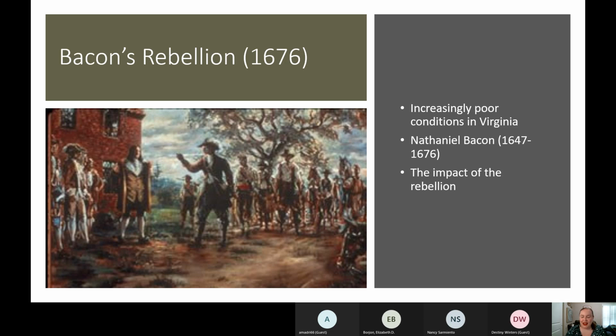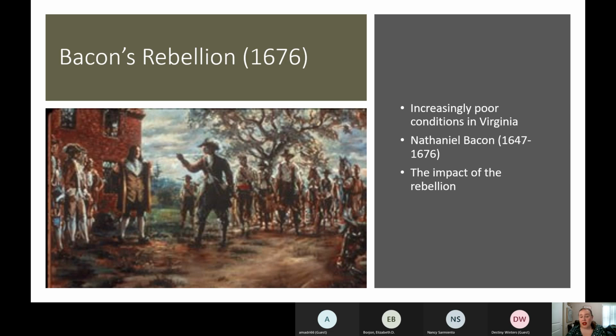Bacon's Rebellion is a rebellion led by a disgruntled but wealthy planter and unhappy indentured servants, poor white people, and African slaves. So Bacon's Rebellion happens because of increasingly poor conditions for indentured servants and poor whites in Virginia.